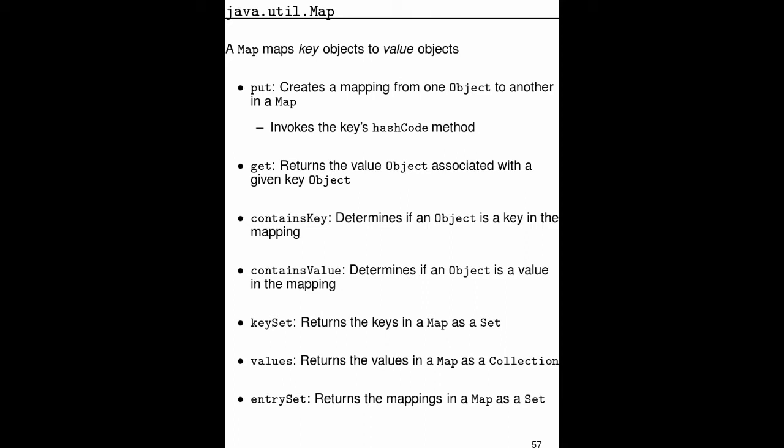Well, you need to have an equals method to determine whether or not the key matches the given key in the collision chain. And then you also need to have a hash code to figure out which bucket it goes in in the first place. And this is where the hashCode method that every object implements is used.